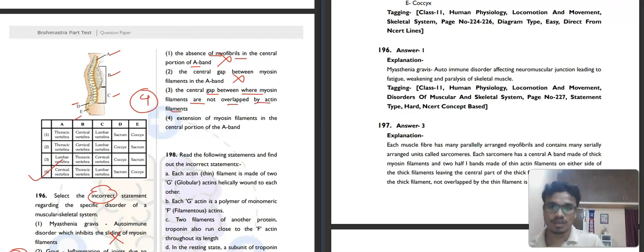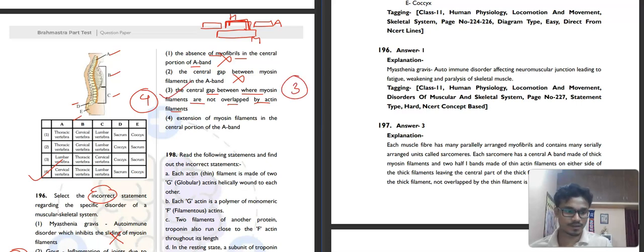That is the H zone. What is the H zone? So, I suppose this is actin, this is myosin. This part will be the H zone. Okay, this part is the H zone. So, this is third option or correct answer. Then question number 198.